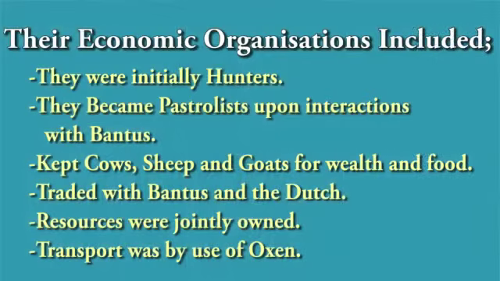Economically, the Khoikhoi were pastoralists, but initially they were hunters, and they had to settle down into pastoralism when they interacted with the Bantus. Amongst the Khoikhoi, they kept cows, sheep, and goats for wealth as well as food.